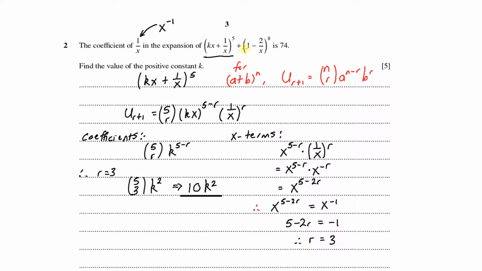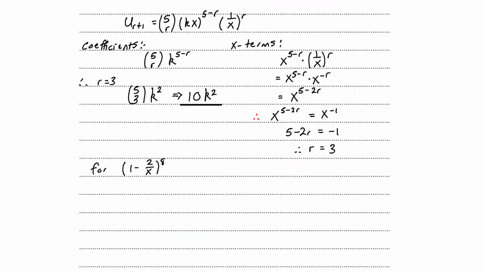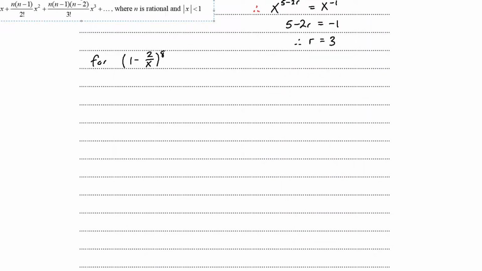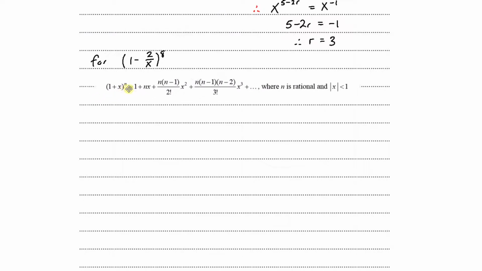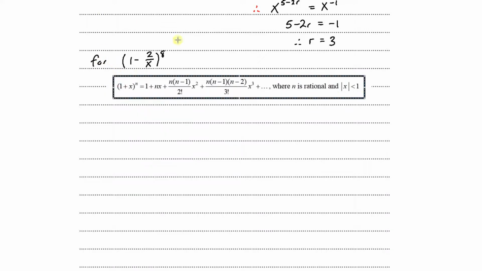Now for the expansion of (1 minus 2/x)^8, we can make use of the formula for the expansion of (1 + x)^n, taken from the formula booklet.